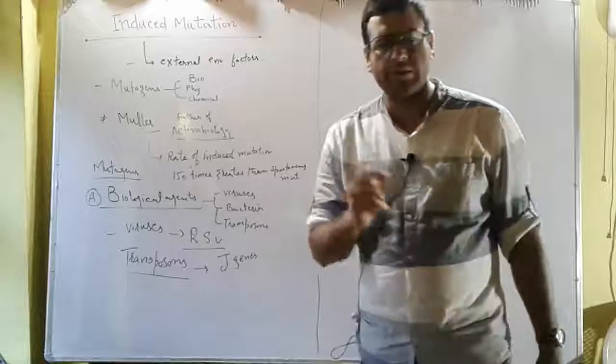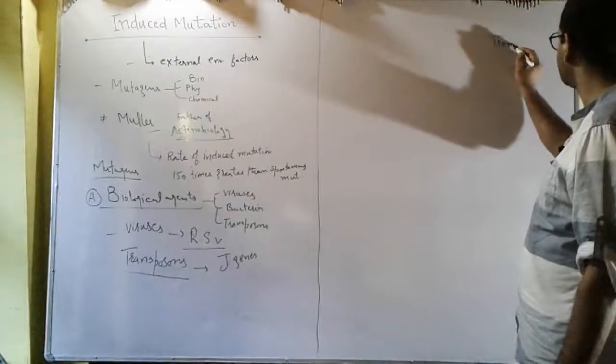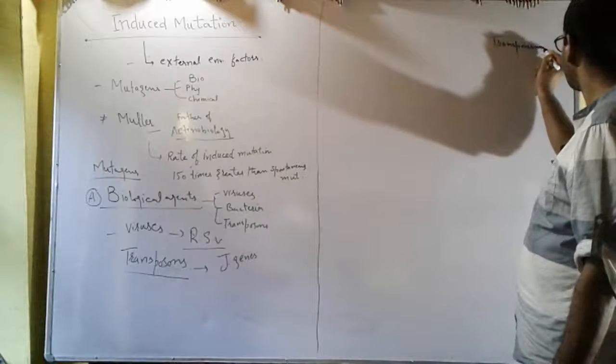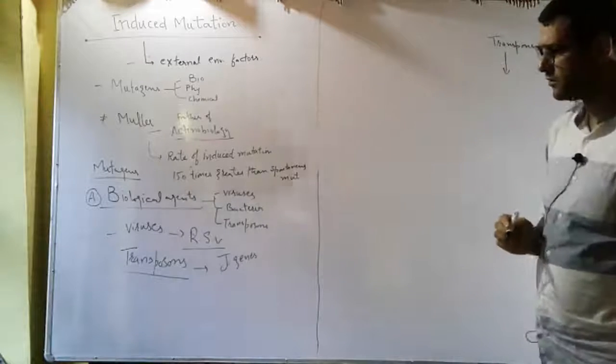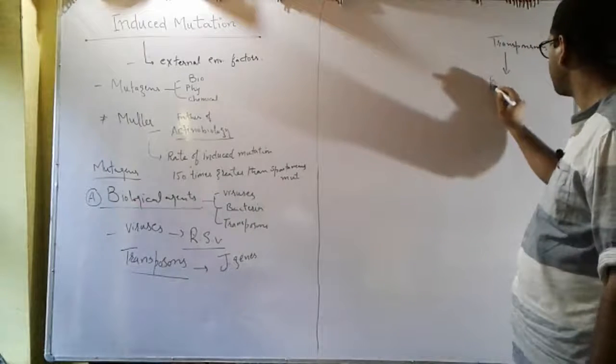That was regarding the transposons. Remember that these transposons are known as jumping genes. They were first discovered by Barbara McClintock.